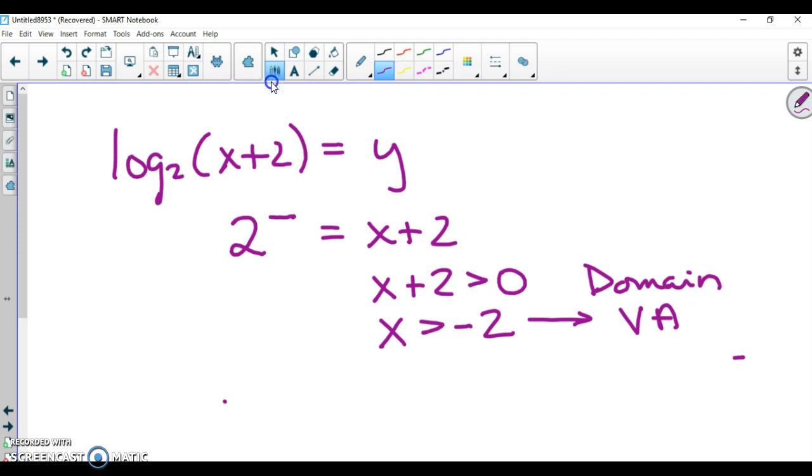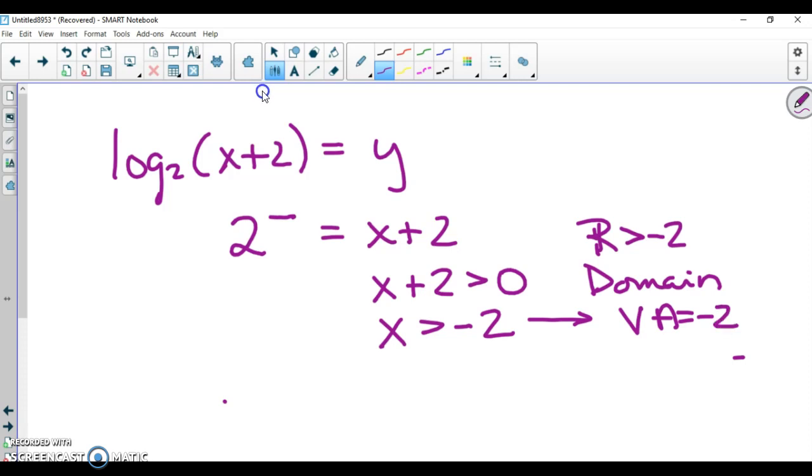Well, the next part of the problem is asking for an x-intercept. We just found the domain, the vertical asymptote, and we need an x-intercept. So the domain, all real numbers greater than -2, vertical asymptote equals -2.